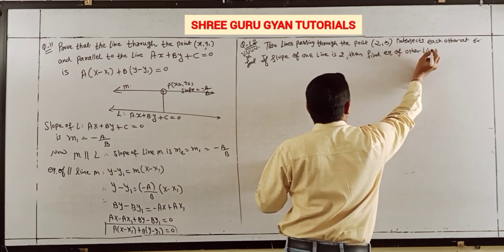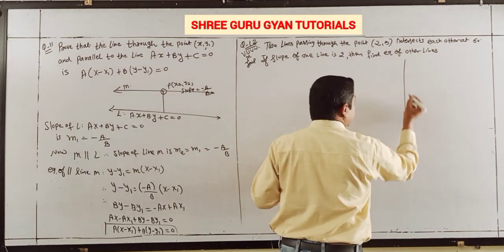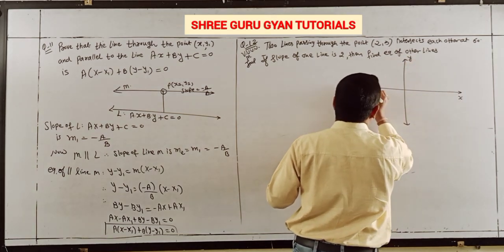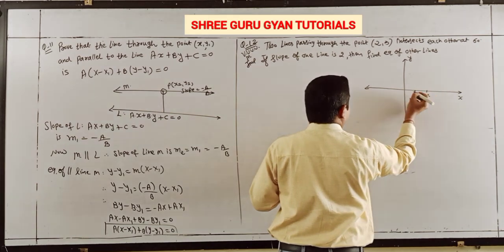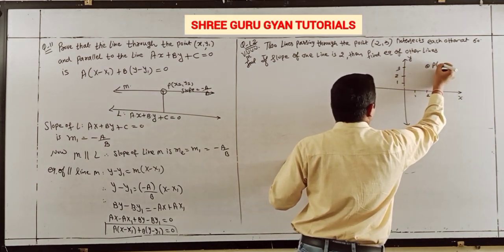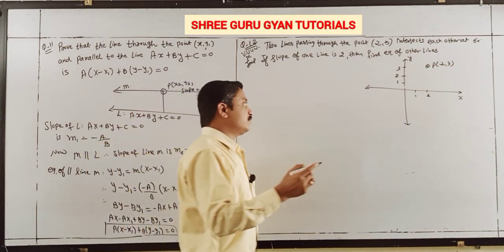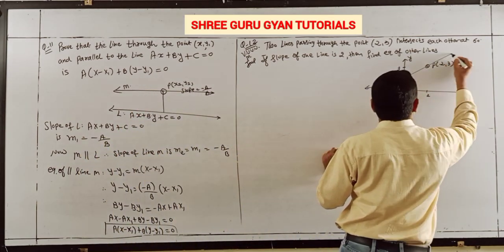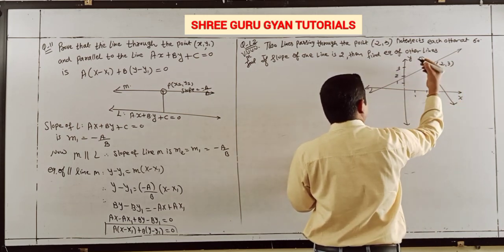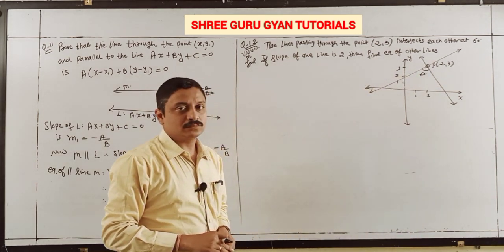First of all, we draw here the y-axis and the x-axis, and students, the point P is 2, 3, just like this. There are two lines passing through it, one here and the other there, and the angle between them is given as 60 degrees.